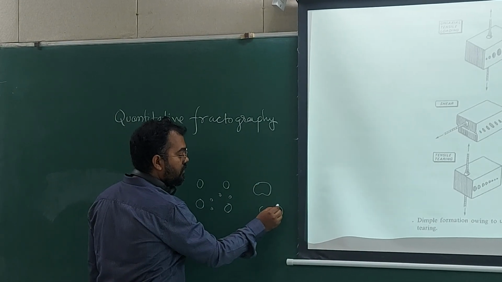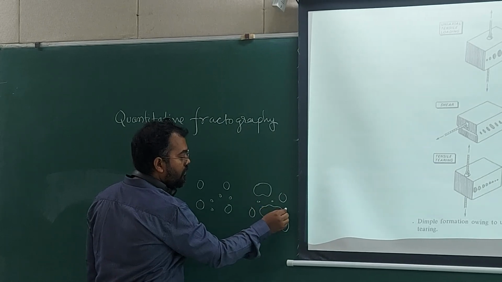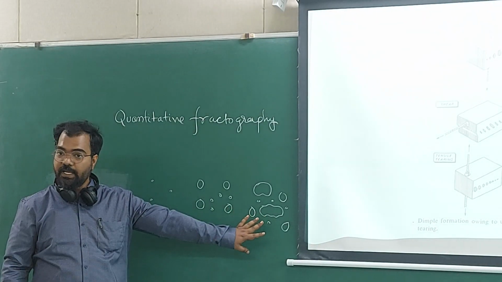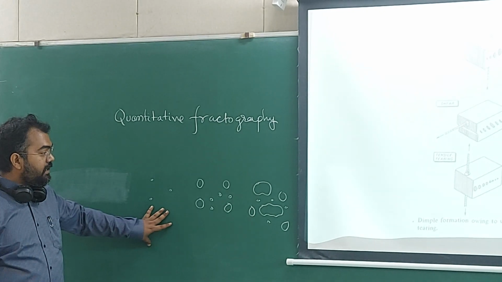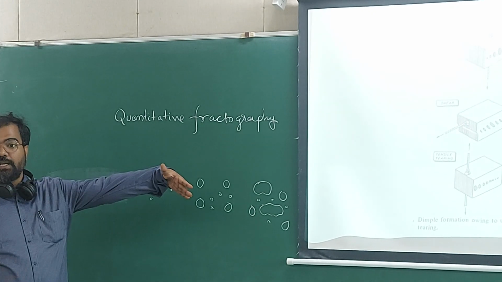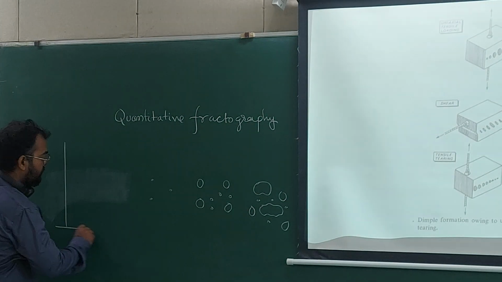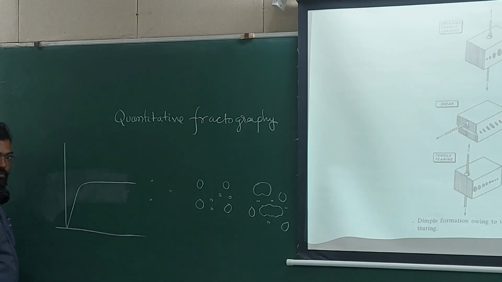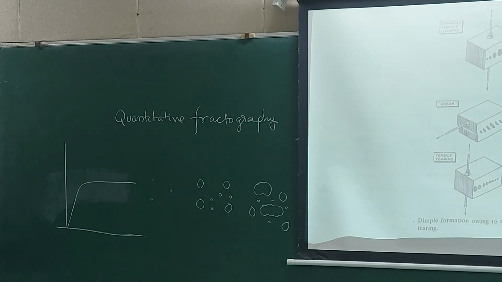So nucleation, growth and coalescence, this is the mechanism of ductile fracture. So if the material is strain hardening, more strain hardening, okay, but if the material is something like this, not much of a hardening, but it can accommodate a lot of strain.